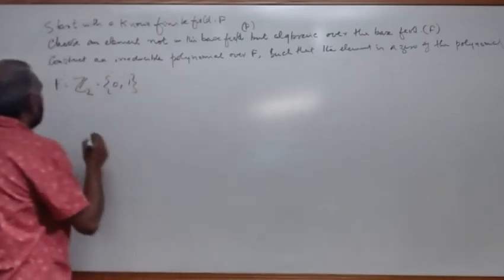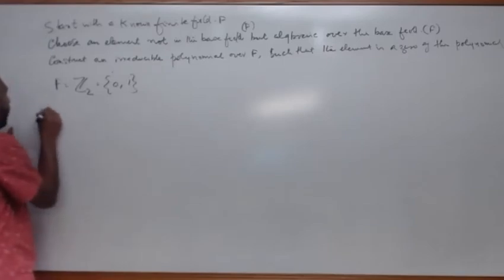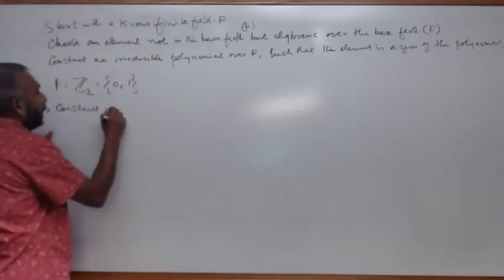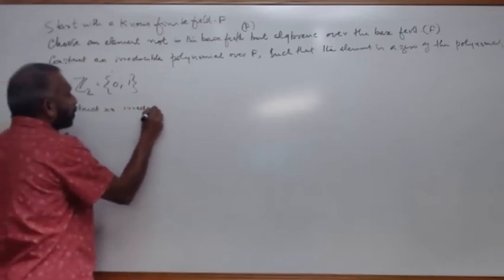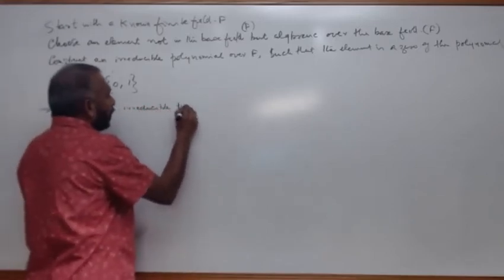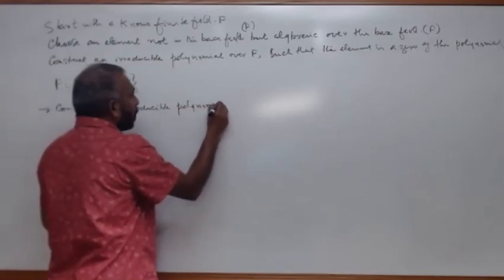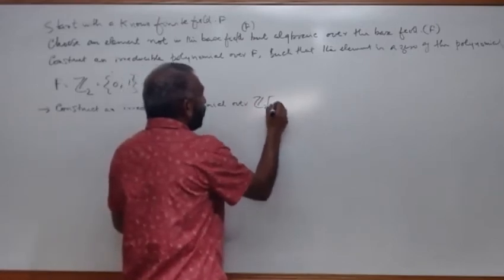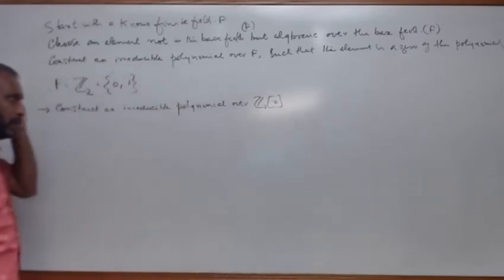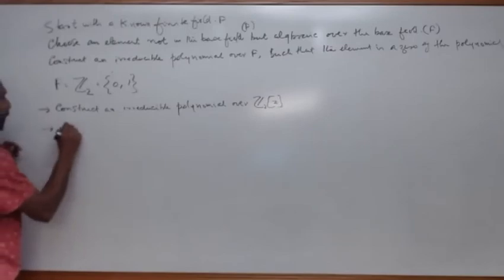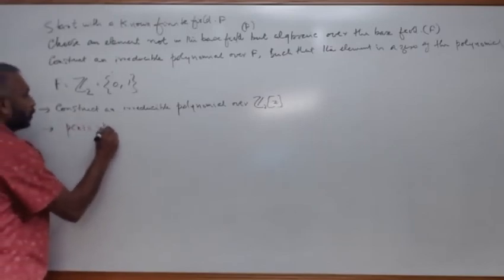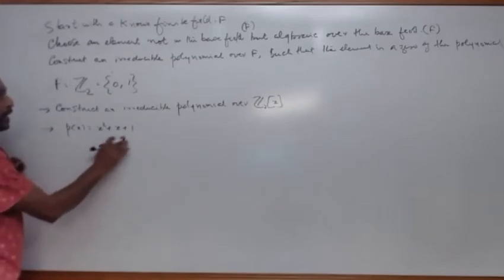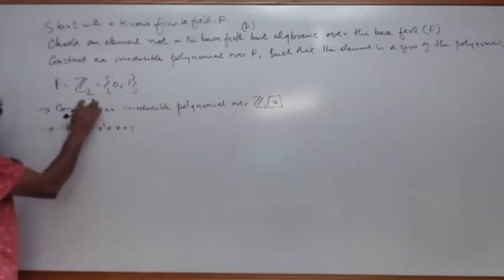Okay, so construct an irreducible polynomial over Z2[x]. The polynomial which we are going to consider is P(x) equal to x square plus x plus 1. And how do you show that this is an irreducible polynomial over this finite field?